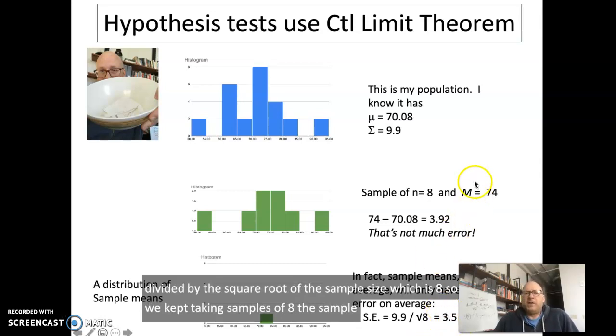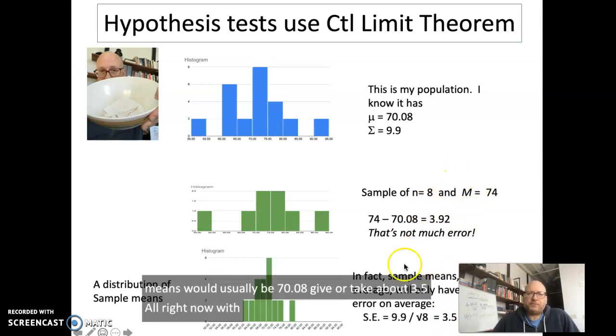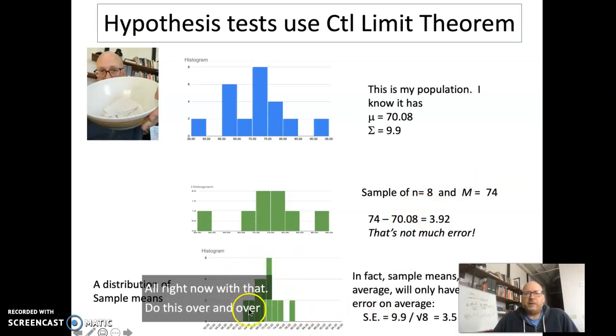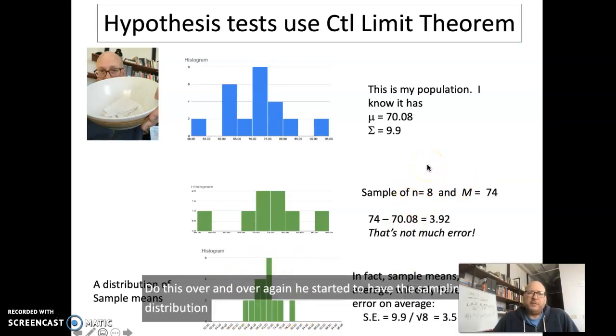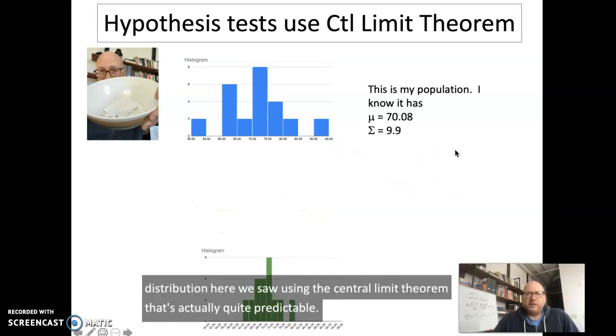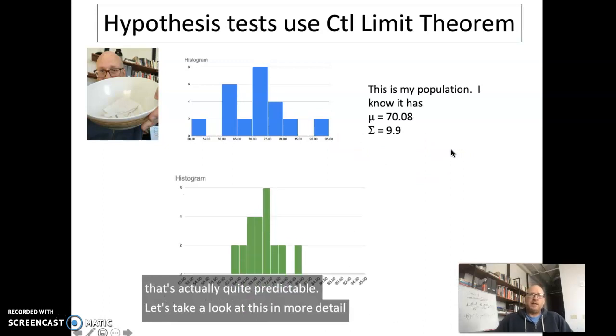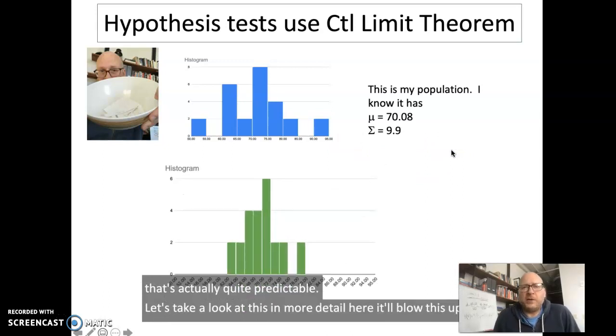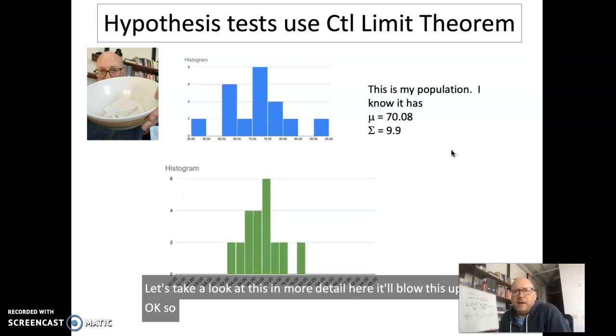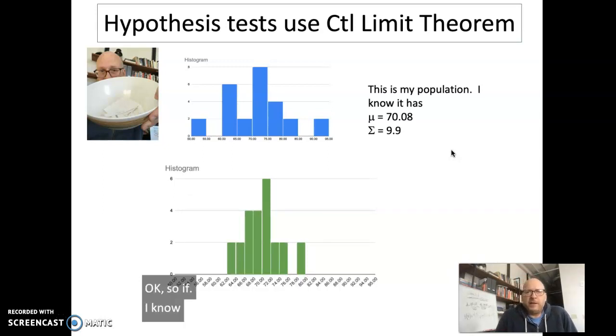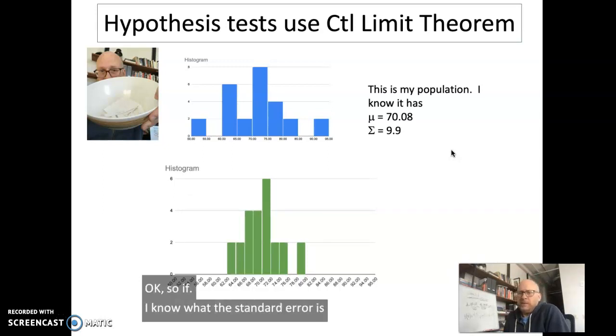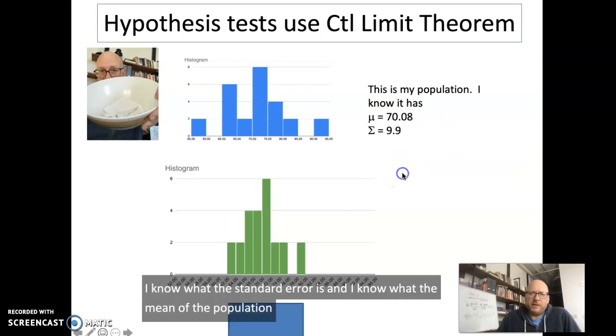All right, now with that, do this over and over again. You start to have the sampling distribution here. We saw using the central limit theorem that that's actually quite predictable. Let's take a look at this in more detail here. I'm going to blow this up. Okay, so if I know what the standard error is, and I know what the mean of the population is, I can build a confidence interval.